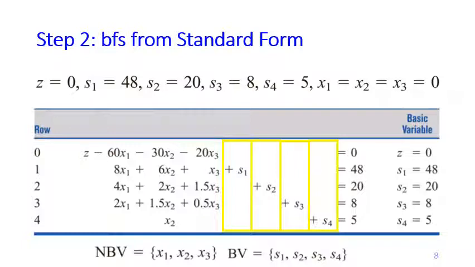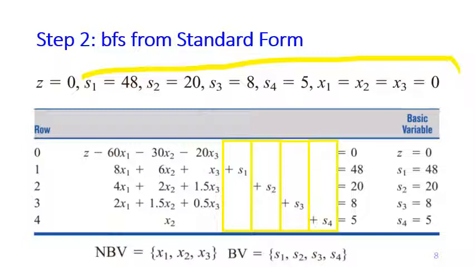Based on that information from the previous slide, now you know that you have obtained a BFS. And why is it the case? Well, because all variables here are greater than or equal to 0. And then these S1, S2, S3, and S4 are your basic variables.